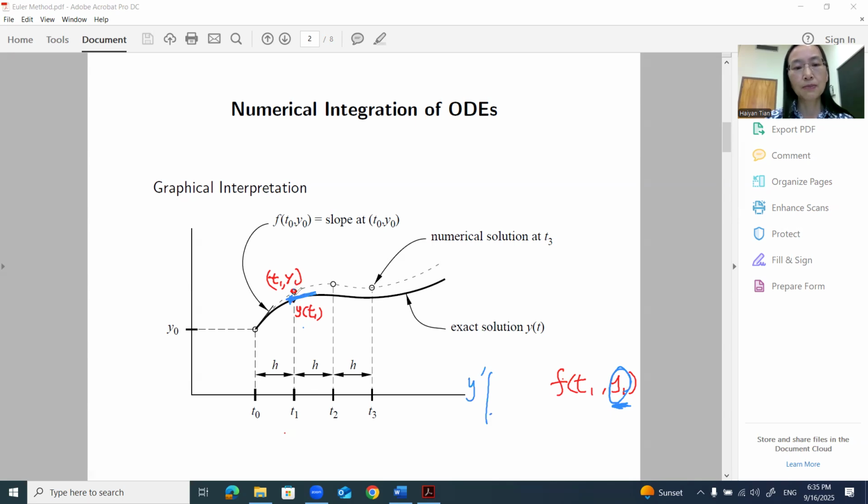It's not really the same as the tangent line slope at t1 of the curve. So here we use an approximate point and an approximate slope. It's a little bit different from the slope of the blue curve. So it's an approximate slope to the blue. And then we do one step. That is how we get to the next point, y2.